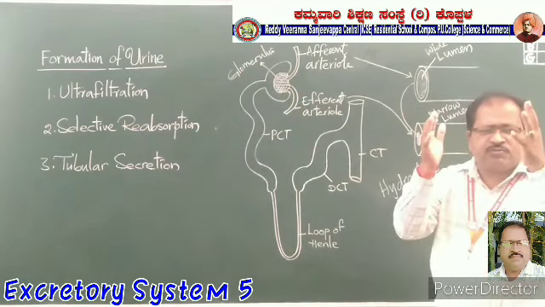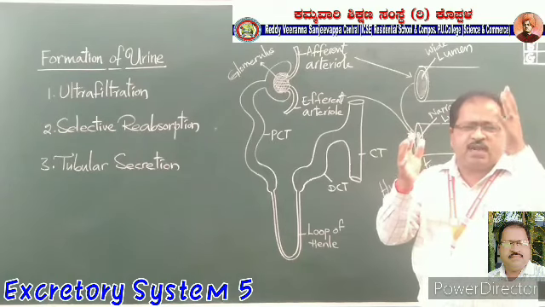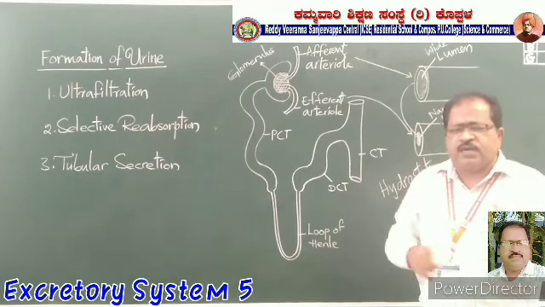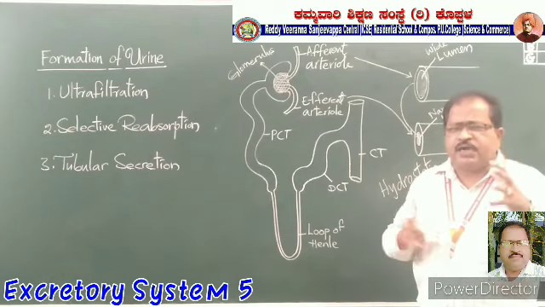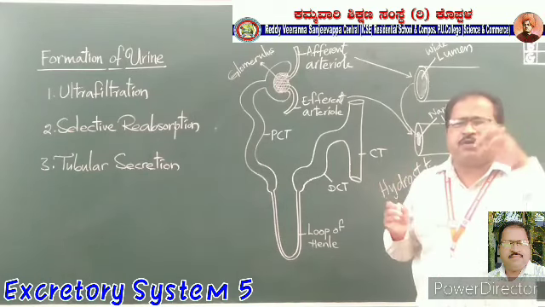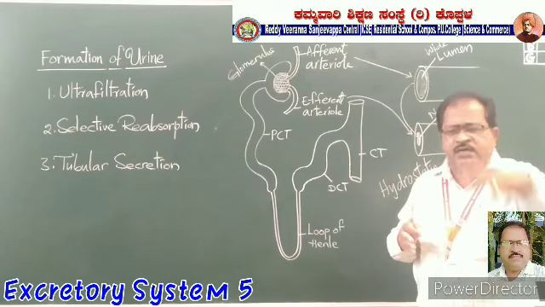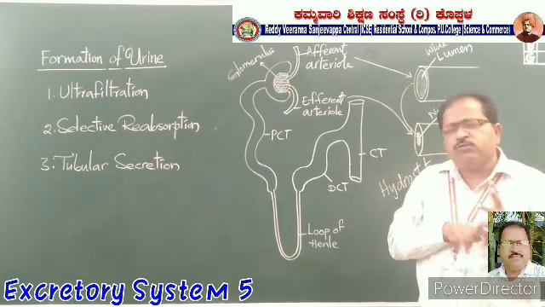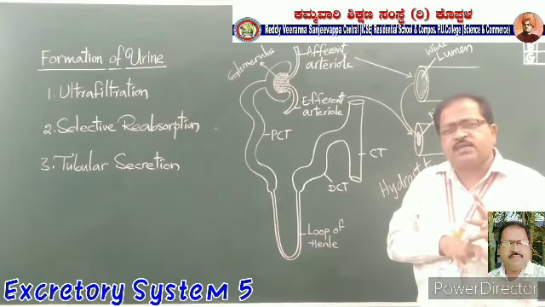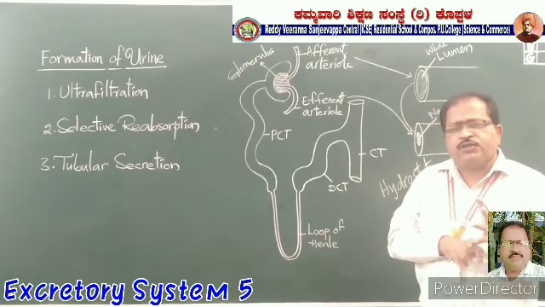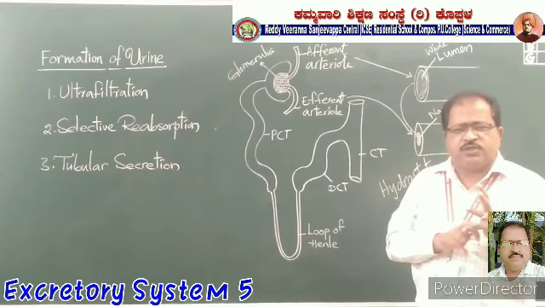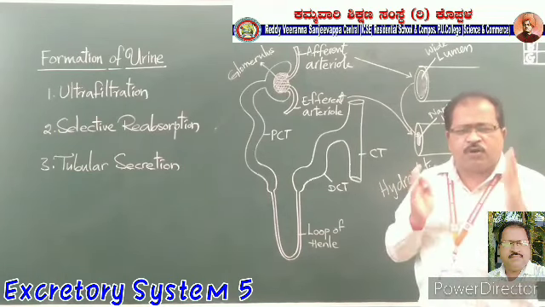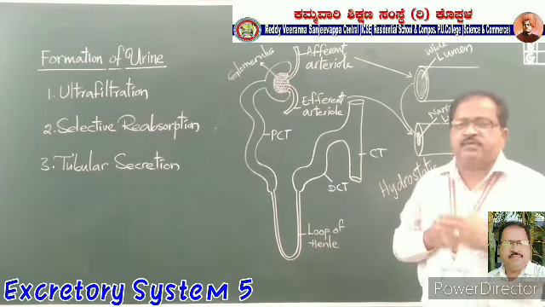And whatever we are thinking of as waste material, along with a large amount of water, actually it is not all waste; it is material that is present in the blood other than oxygen and carbon dioxide. The remaining materials, water, excess amount of water, because we should maintain osmoregulation also in this case. Osmoregulation means the percentage of water in the body should be maintained.